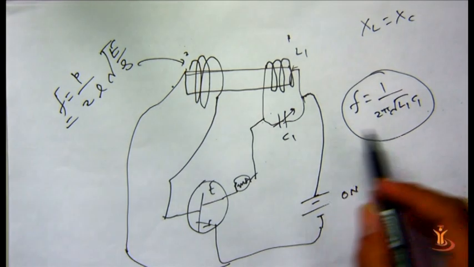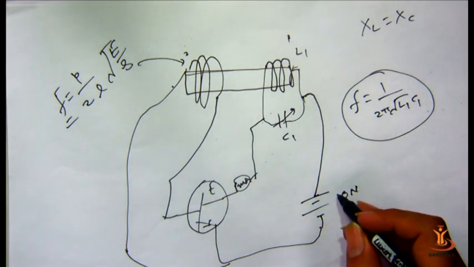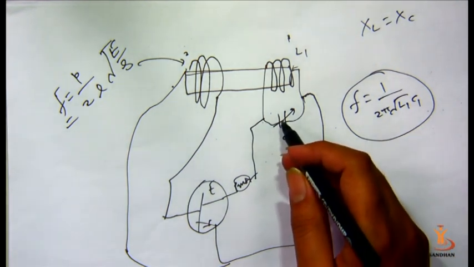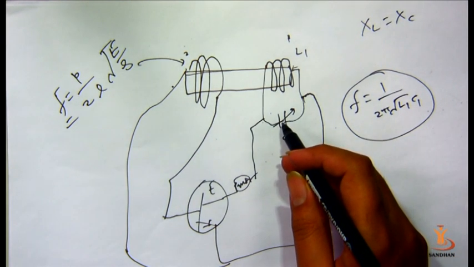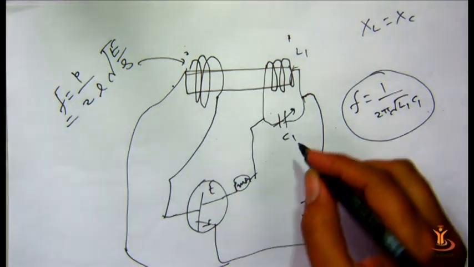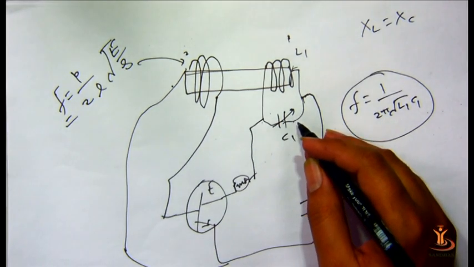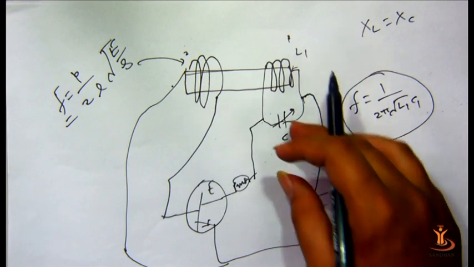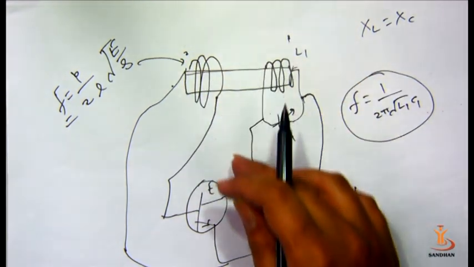Further, by switching on the circuit, a particular frequency is generated by the L1C1 circuit. Now, based on the magnetostriction effect, magnetic fields are responsible for changing the length of the ferromagnetic material.